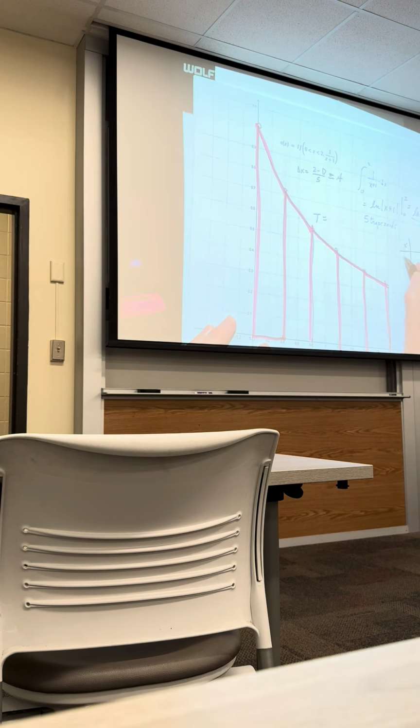The x's start at 0, 0.8, 2, 6, and end at 2. And then the y's come from the function. I can't write numbers and talk at the same time, so 1 over 2 this one.